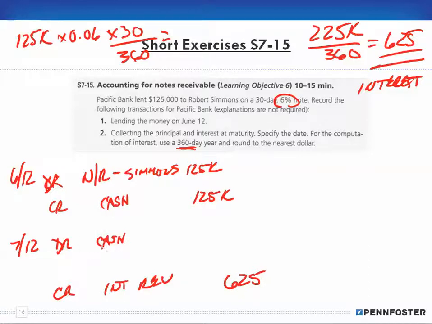I know I'm going to debit my cash, and I know that I'm going to calculate my interest, and I also know that I'm going to pay off my note receivable. So my note receivable is going to decrease, and that's for 125,000. Remember, the note receivable is an asset. We had debited the note receivable for 125. So now, since it's being paid, we're clearing it off the books, so we have to credit it.